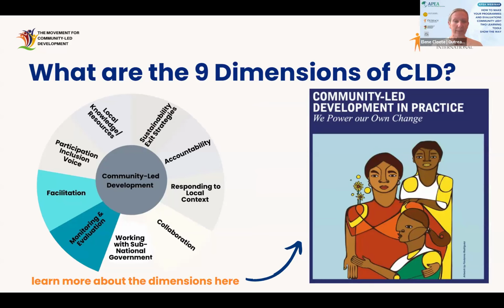I have gone through the dimensions very quickly now. But if you are curious about the dimensions and want to learn a little bit more about how we think about them and how they show up and manifest through community development interventions, they are incorporated into our edited volume on community development in practice.